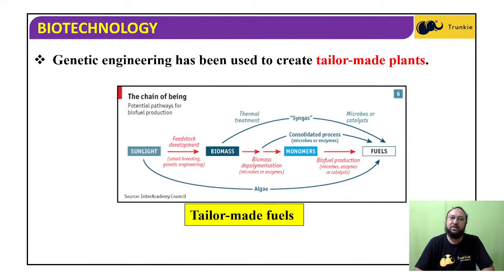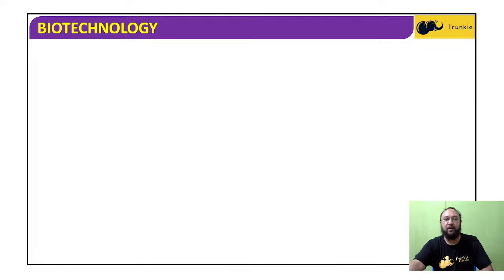Thermal treatment gives a kind of syngas. Then microbes or catalysts depolymerize the biomass and form monomers, which are then used as fuels. So it's called tailor-made fuels. We are actually using tailor-made fuel instead of other fuels.